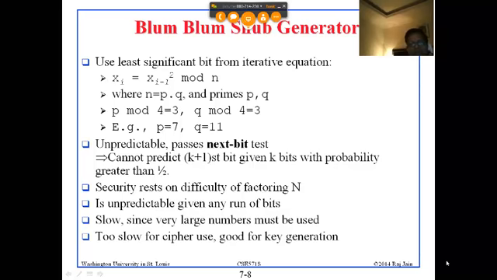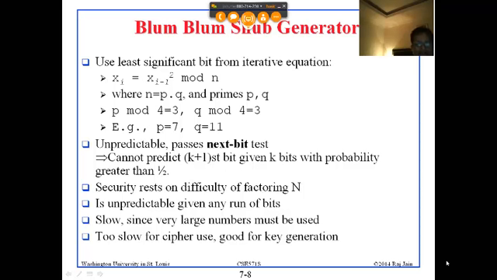One of them is the Blum-Blum-Shub generator, BBS generator. These are names of the people. This particular generator uses the least significant bit from this formula: x_i is equal to x_{i-1} squared mod n.